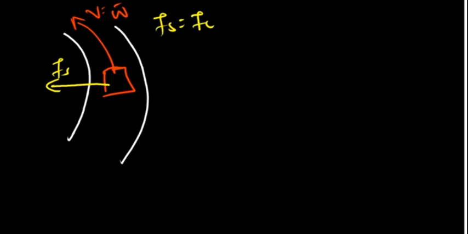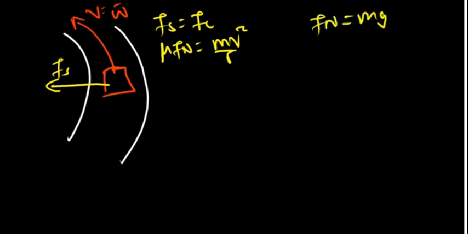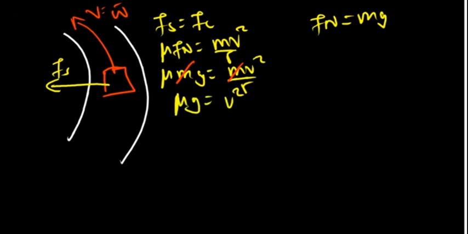Now, we know that friction force is always mu times the normal force, and the centripetal force is mv squared over r. But we also know that the normal force is given by mg. So we can replace Fn with mg. We're going to say that mu times mg is equal to mv squared over r. We can cancel m because we are talking about the same car. Therefore, we remain with mu times g is equal to v squared over r. From here, we can calculate anything.